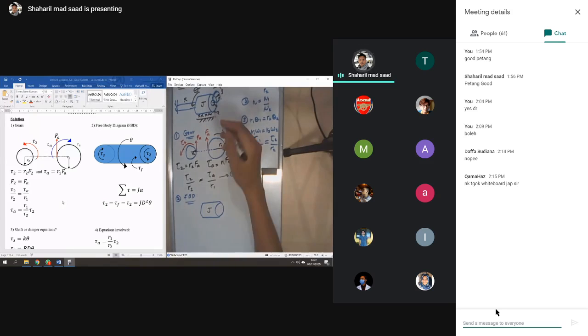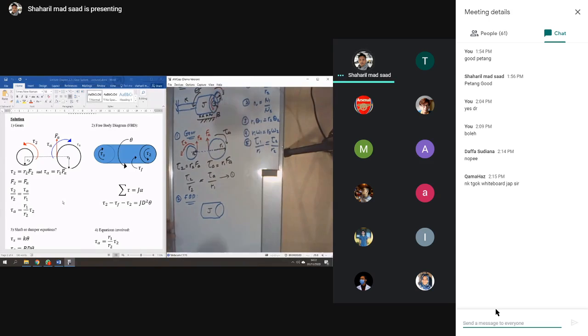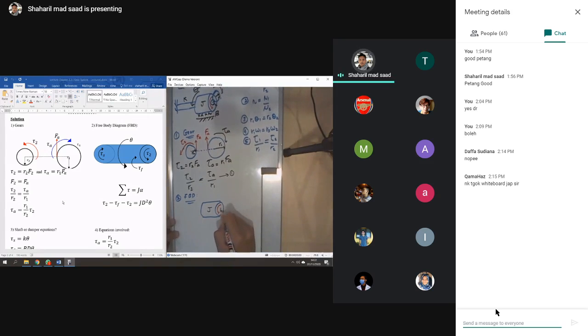Look at the torque applied from the gear to this inertial body. T2 here is applied to this one, going down. So T2 is applied here.